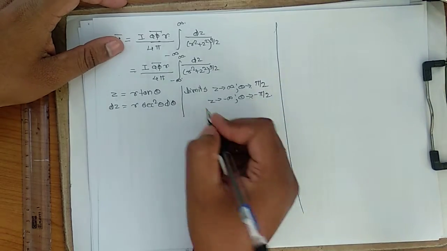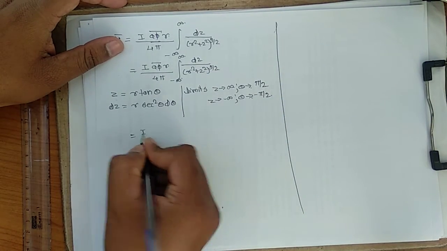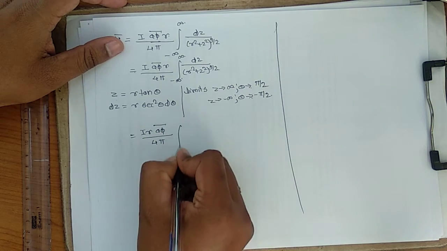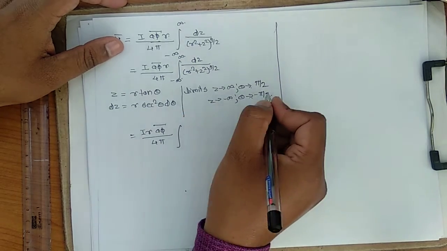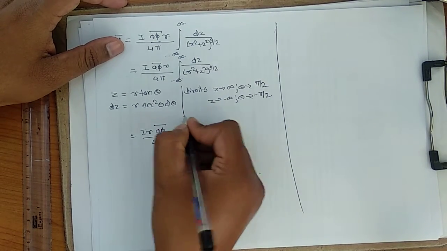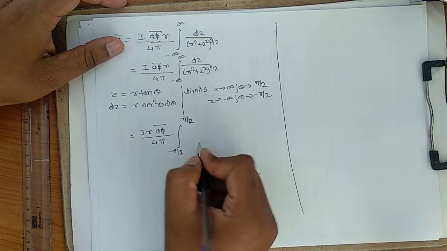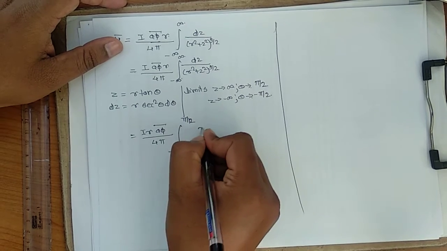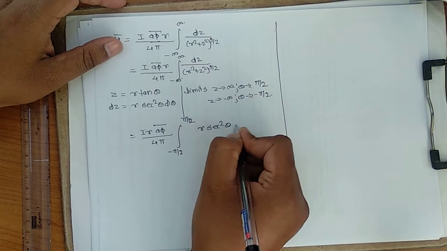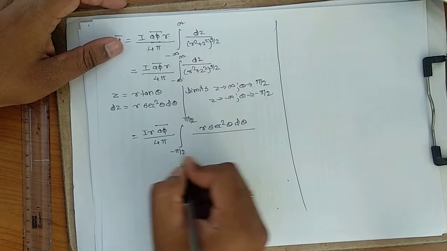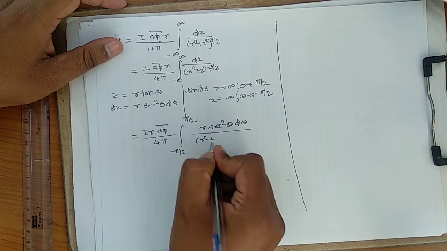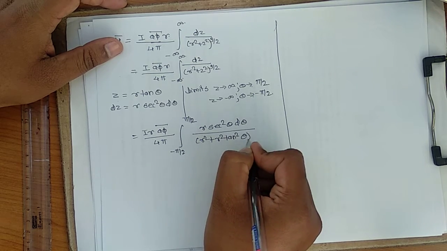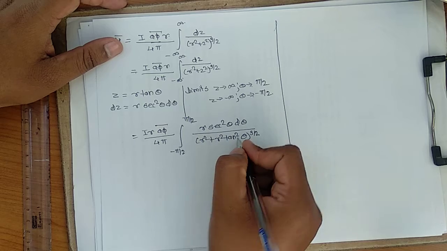So we are putting these values again. I r Aφ̄ divided by 4π. Now put the limits which we have changed, that is minus π/2 to plus π/2. Next, instead of dz, what we have to put is r sec² θ dθ divided by r² plus z², so z² is r² tan² θ, raised to 3/2.